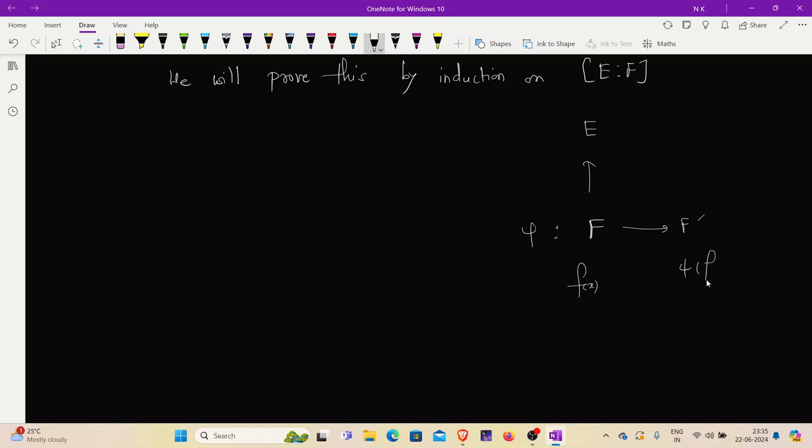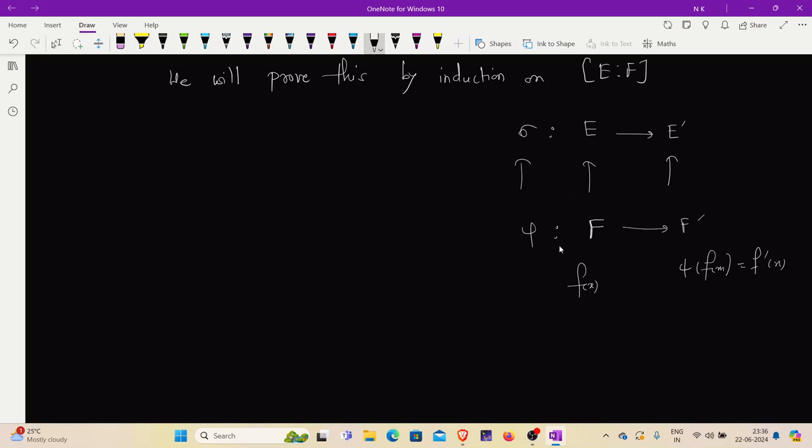So it is psi of f(x), or we can call this f dash(x). Now the splitting field of that f dash(x) is E dash. The point is that you can extend this automorphism between fields to an automorphism between splitting fields. So you can extend this to sigma from E to E dash. Now we only need to find how many such extensions are possible, how many ways we can extend this psi to sigma. That is going to be the number of automorphisms of E over F.